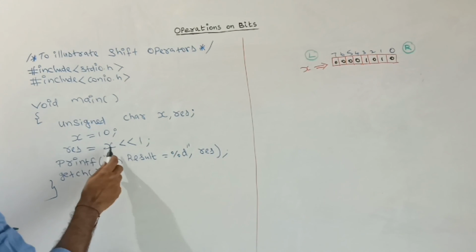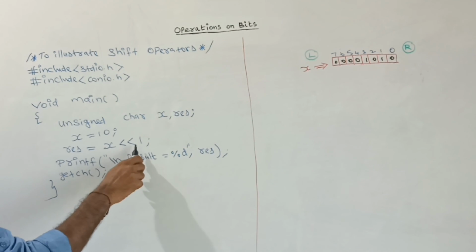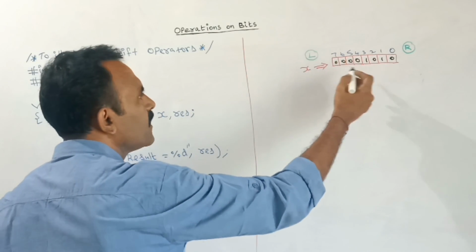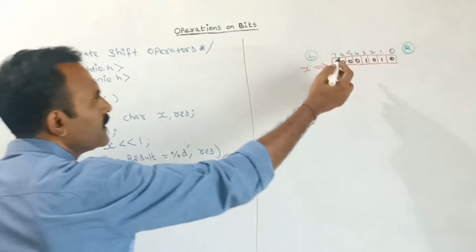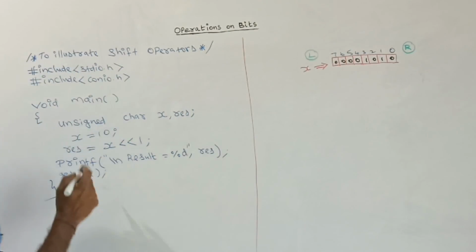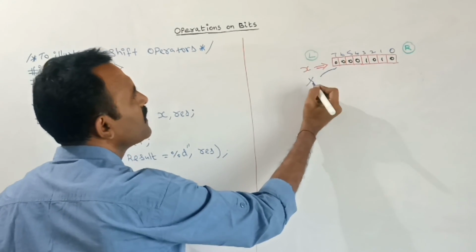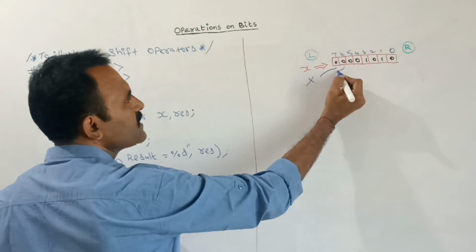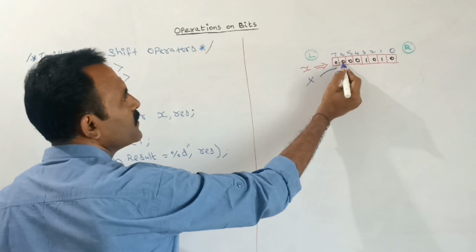Here I am left shifting by 1 position. What is the n value? 1. That is, each and every bit in the operand will move one position towards the left side. So the 7th position will be removed, popped. Next, the 6th position binary value comes to the 7th position. What is the 6th position value?